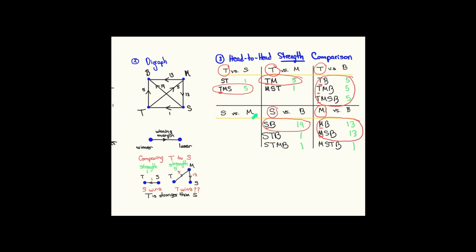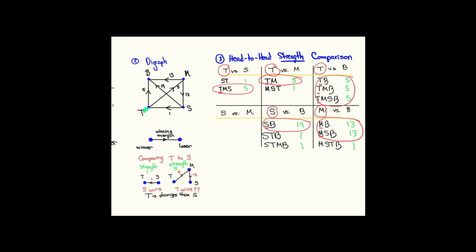Our last pair, S versus M. Let's start at S. We cannot go straight to M because the arrow goes in the opposite direction. We cannot go to B because we get stuck.